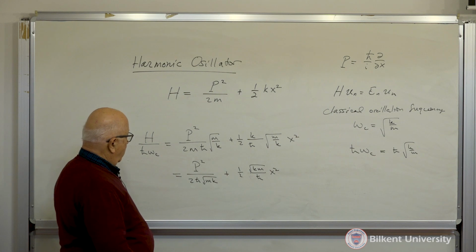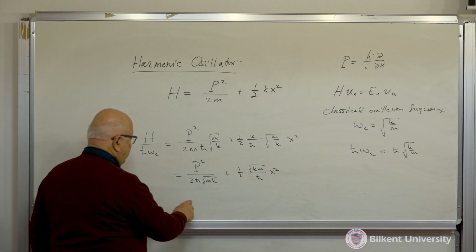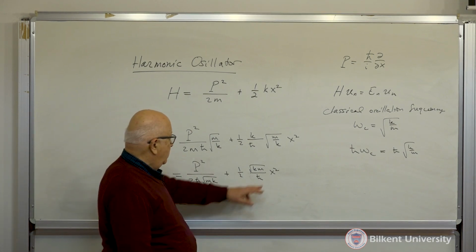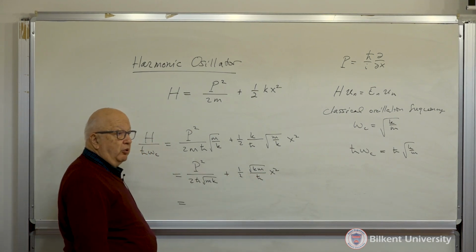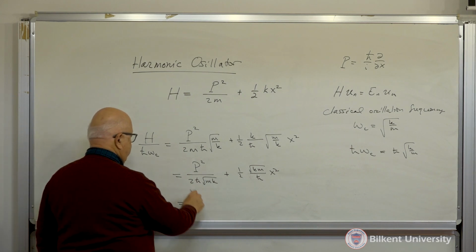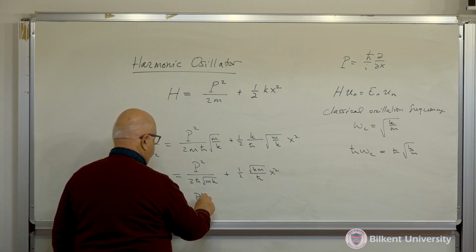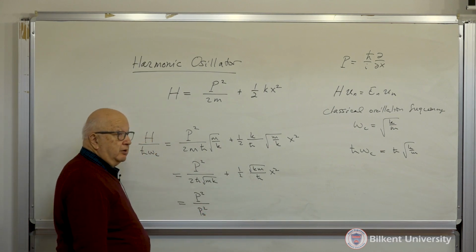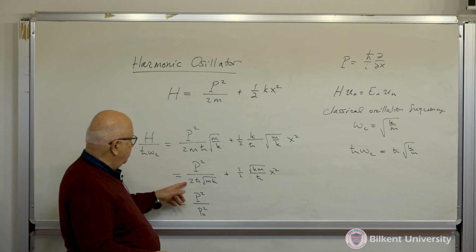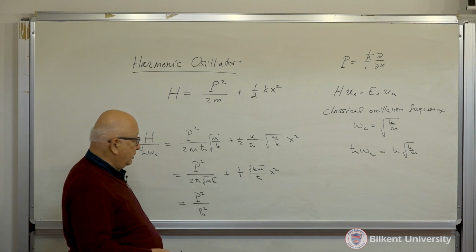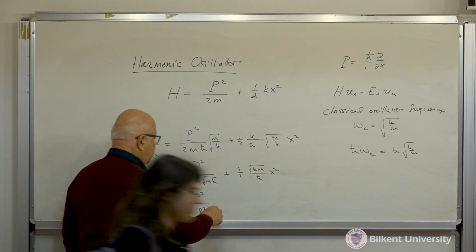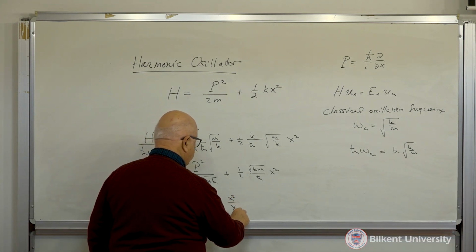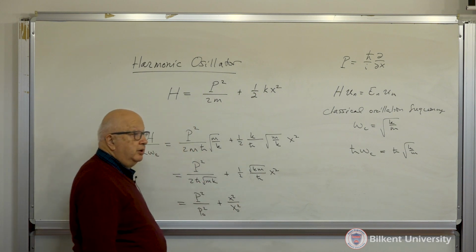Since p has units of momentum and x has units of distance, this really should be something like p squared over some p0 squared, where p0 is some constant momentum given by these terms, plus x squared over x0 squared. Okay?